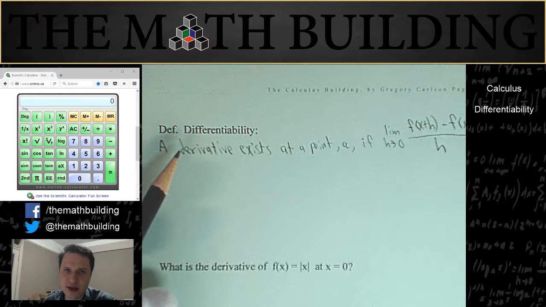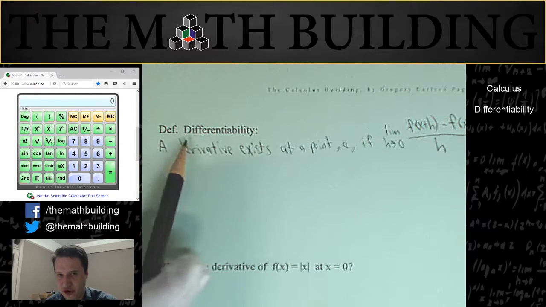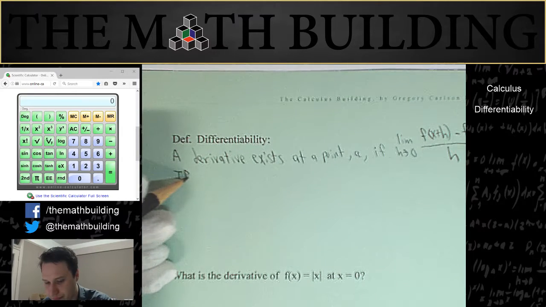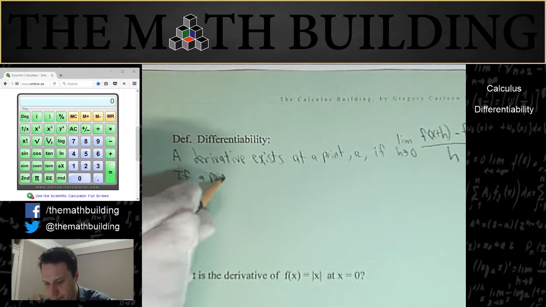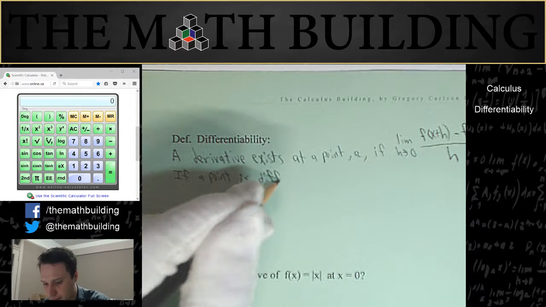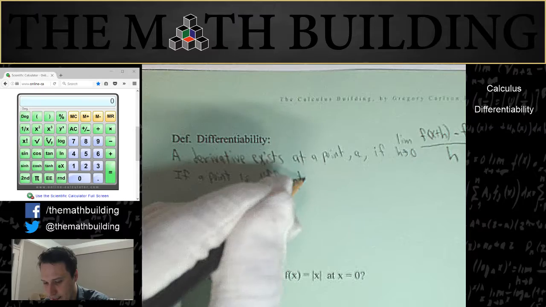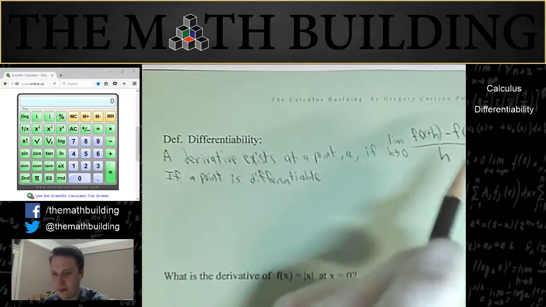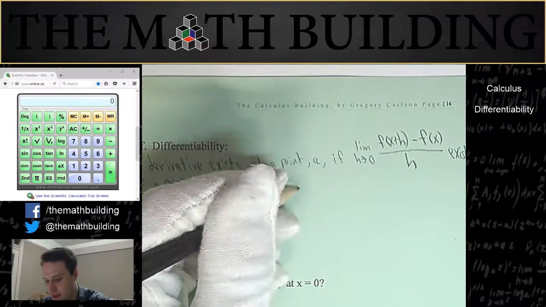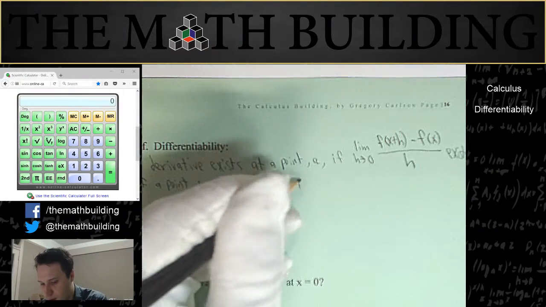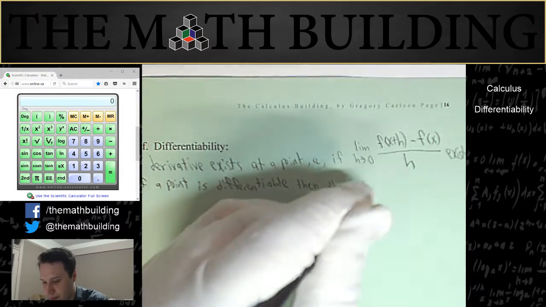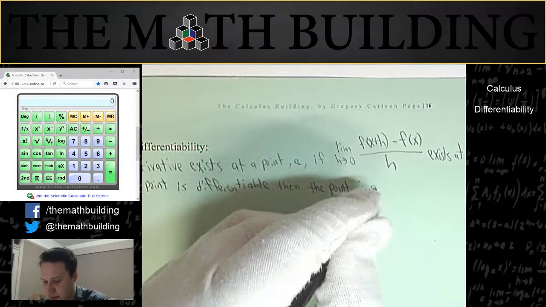So there's an important connection between being differentiable and being continuous. So if a point is differentiable, meaning if that limit exists at that point, if it has a derivative there, then the point is automatically continuous.